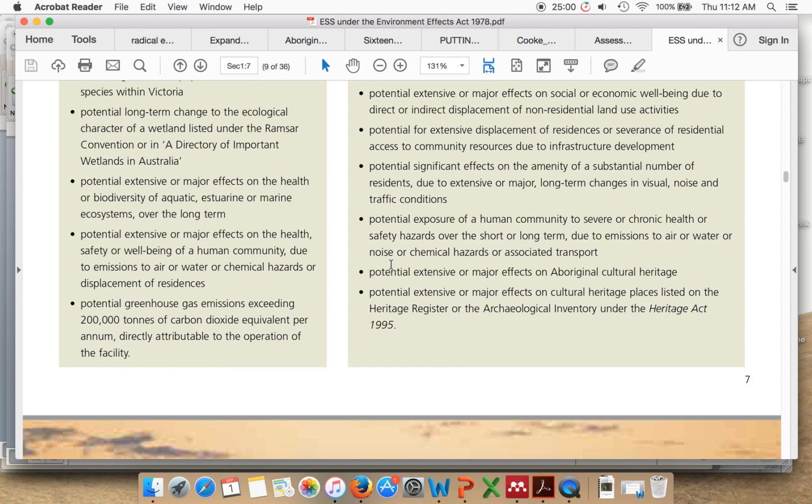And that type of procedure, I guess you could call framing the investigation of social impacts as a relatively standardized procedural approach to that investigation, has that benefit.